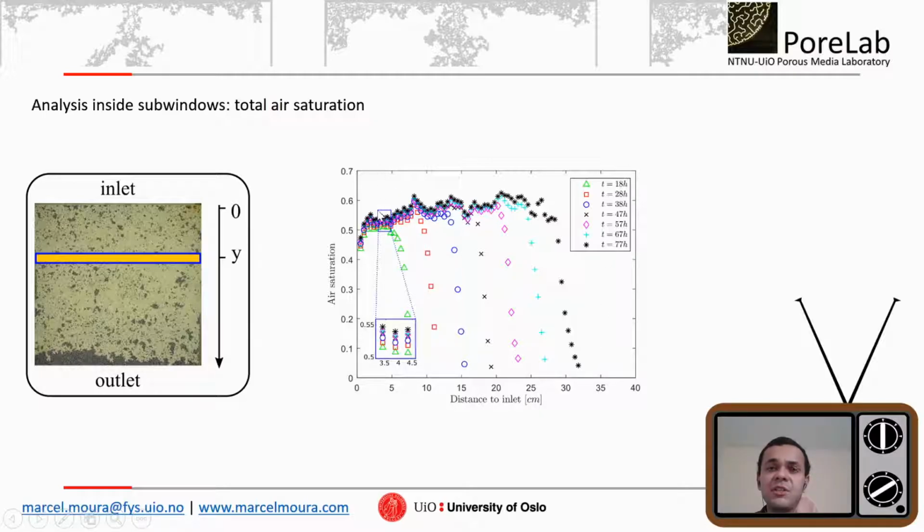And if we just consider a vertical slice here, so a constant Y, a constant position of the subwindow, then if we wait long enough, you go from this green to the black there. The green one is at 18 hours, and the black one is 77 hours, and that means that the saturation in that subwindow is increasing. So this increment is due to film flow.